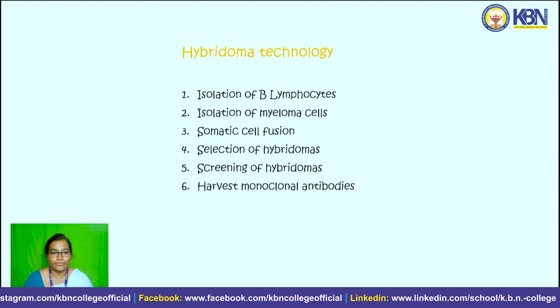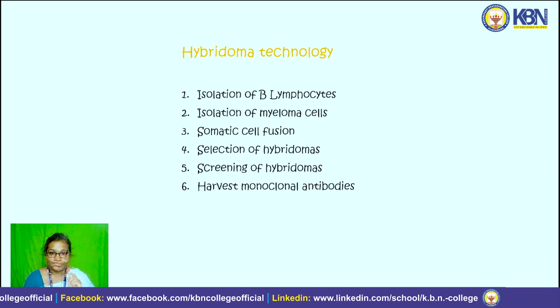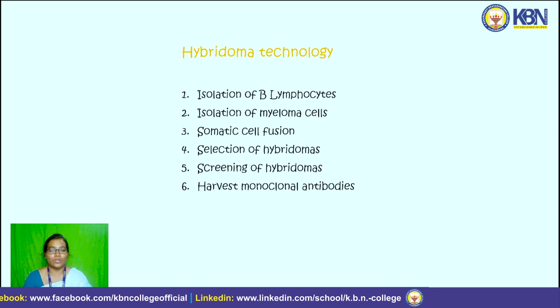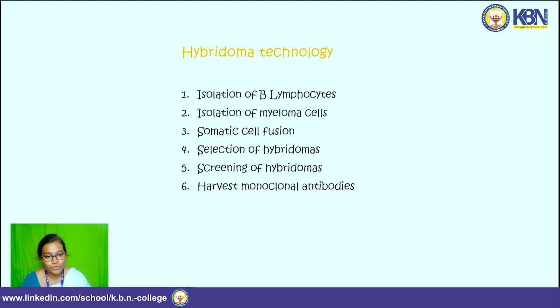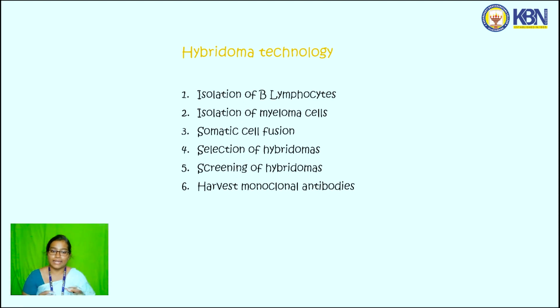This is the flow of hybridoma technology, where we first isolate B cells, isolate myeloma cells, and we let them go for fusion. We call it somatic fusion because both cells are somatic cells. And after fusion, the hybridomas are selected in HAT medium, and then we do screening, and then we harvest the monoclonal antibodies.